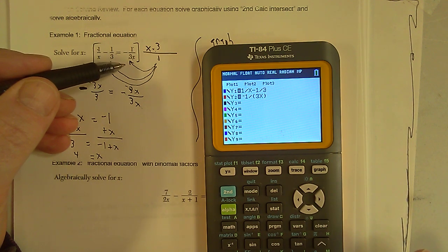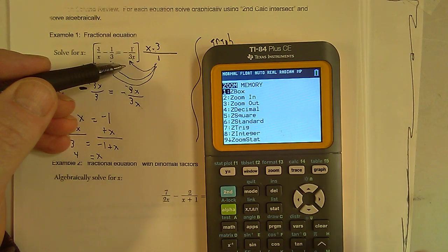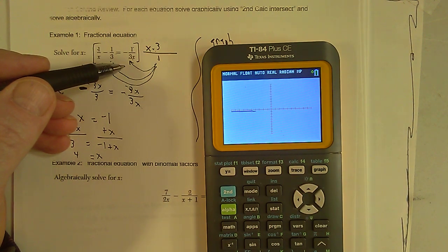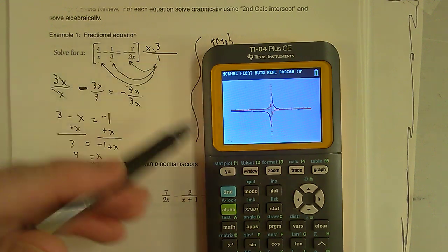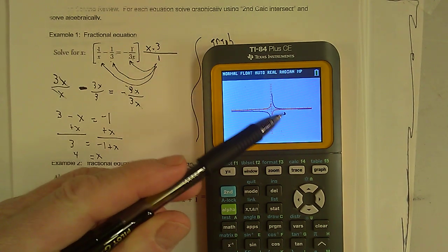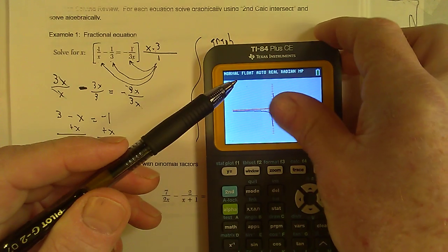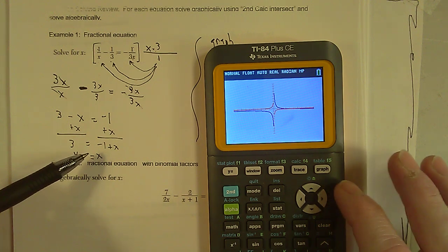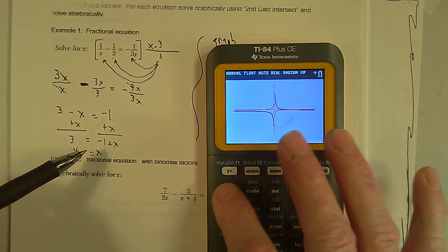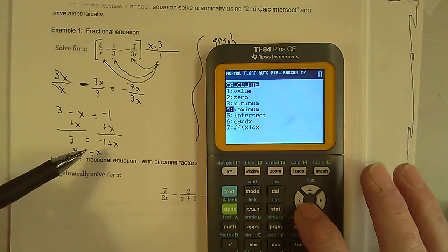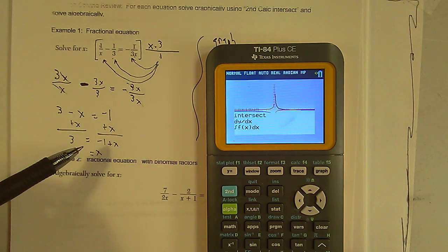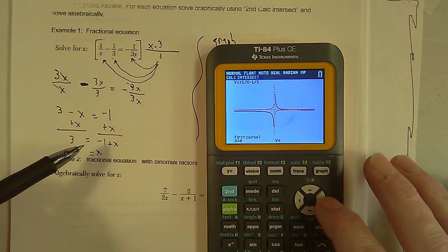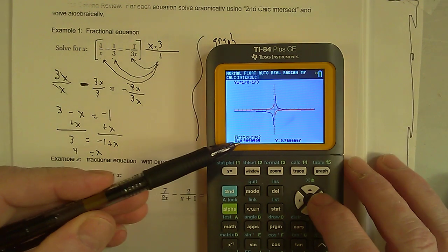Now I'm just going to try a regular zoom standard and see what happens. There's one graph, and there's the other graph. Looks like they meet down here somewhere. I know the solution is 4, so I do second calc, intersect, and get my crosshairs close to 4.